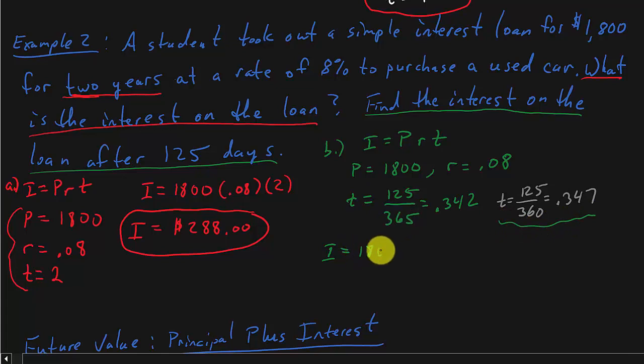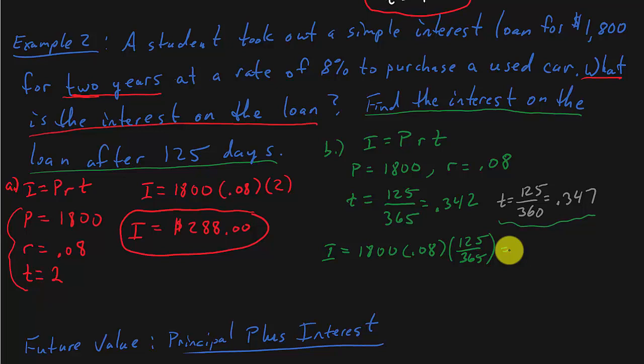So this would be 1,800 times 0.08 times 125 over 365. And let's see what that gives us. 1,800 times 0.08 times 125 divided by 365.